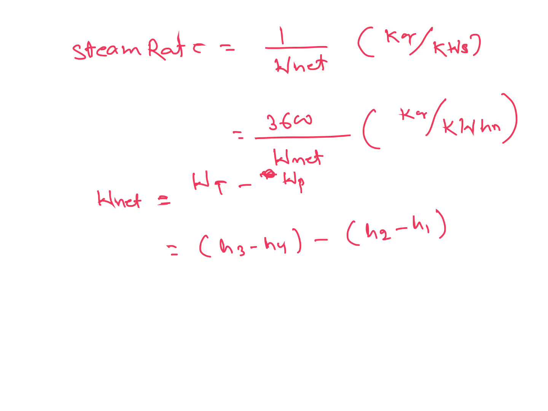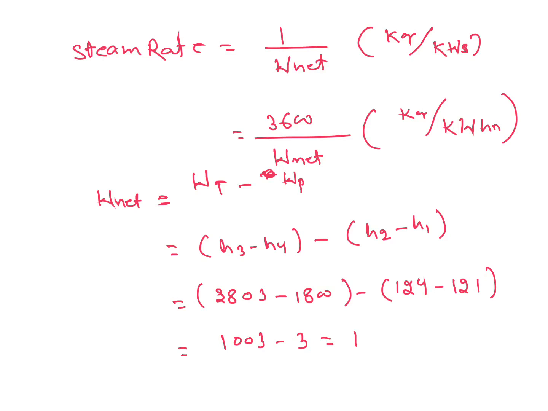So put the values. H3 minus H4 is 2803 minus 1800, minus it will come 124 minus 121. You will get 1000 kilojoule per kg.